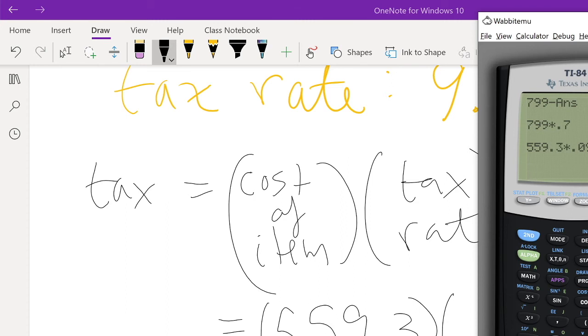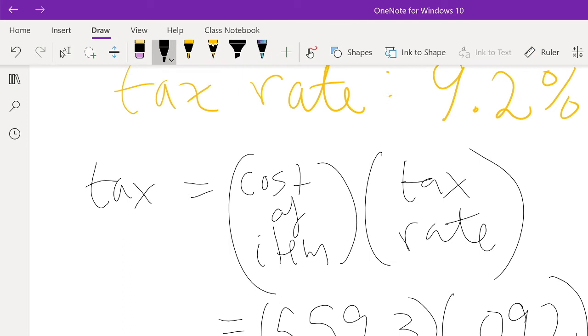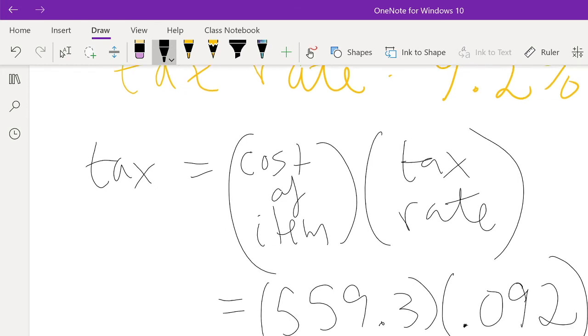Good rule of thumb, if you're working with money, how many decimal places? Well, 2. That's usually how we get charged, to the second decimal place. So the tax is $51.46. Again, this only represents the tax. So again, the total price.